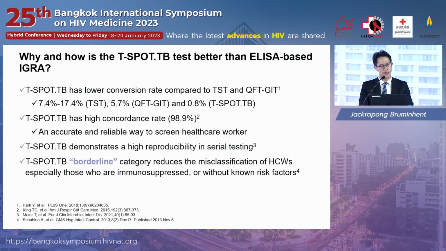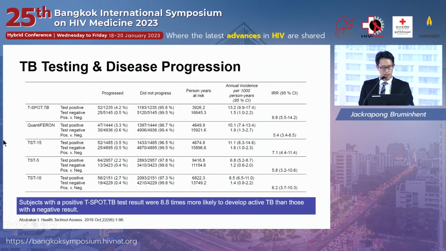They also have persistence, which means when you check several times, the test usually has a high concordance rate. It's positive at different times. It doesn't turn positive, negative at all times. So it's very persistent. And also there's a borderline category, which is very specific for the T-spot test.